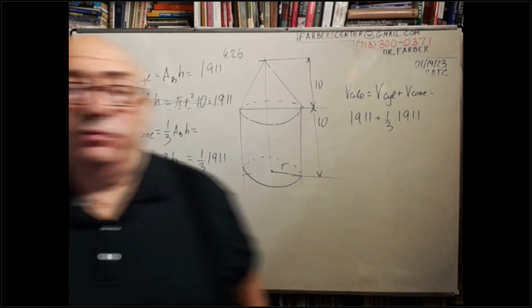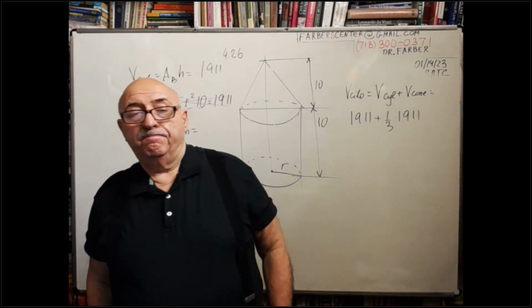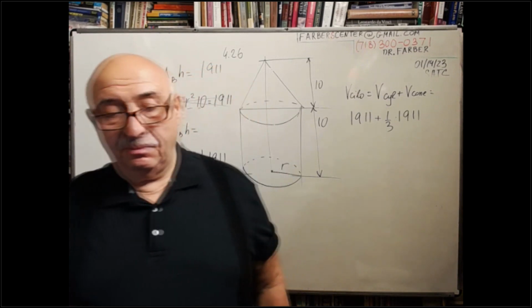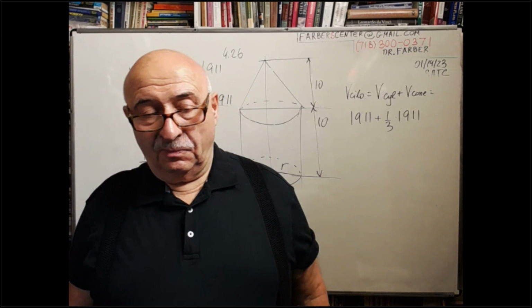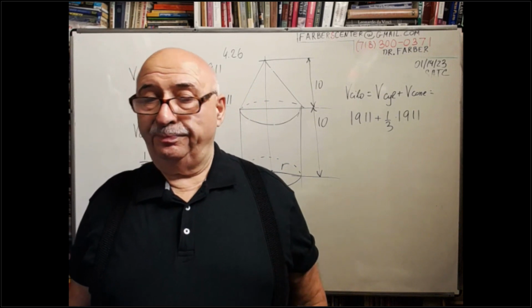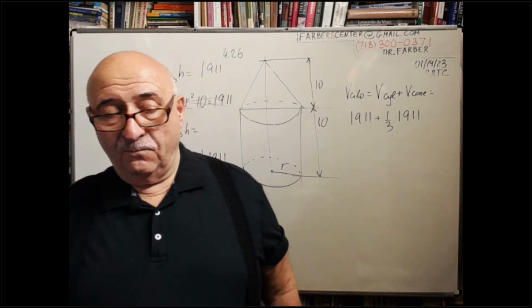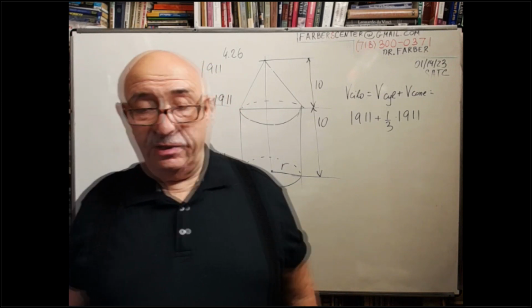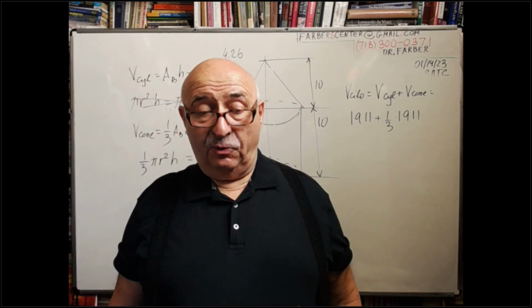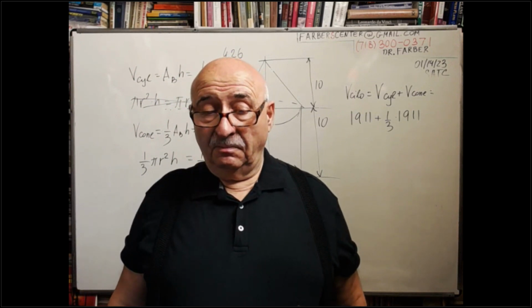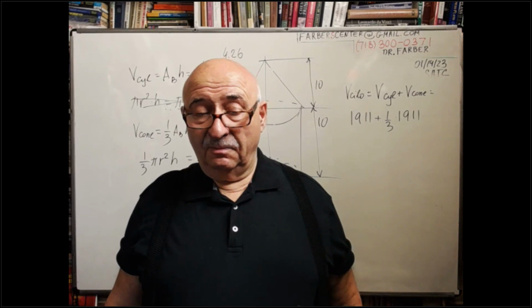You know why in the United States they sell you ice cream in cones, not in cylinders? Who gives me an idea? Why do they sell you ice cream in cones, not in cylinders? Because the cone has 1/3 the volume of the cylinder.